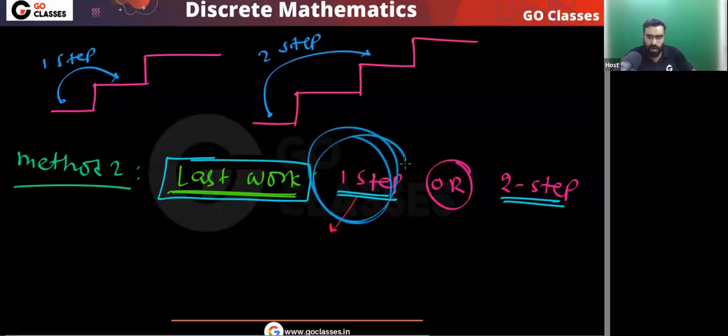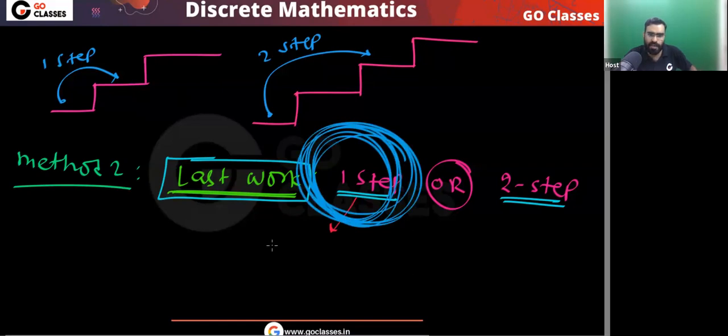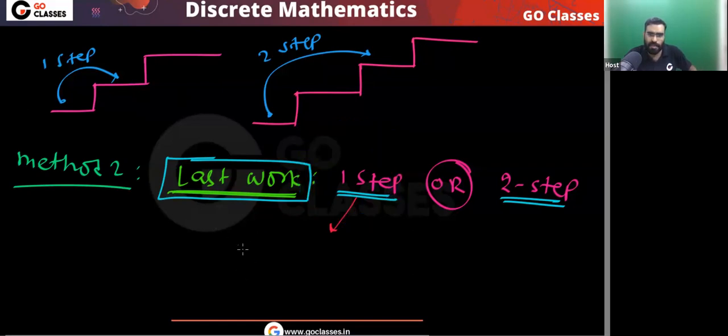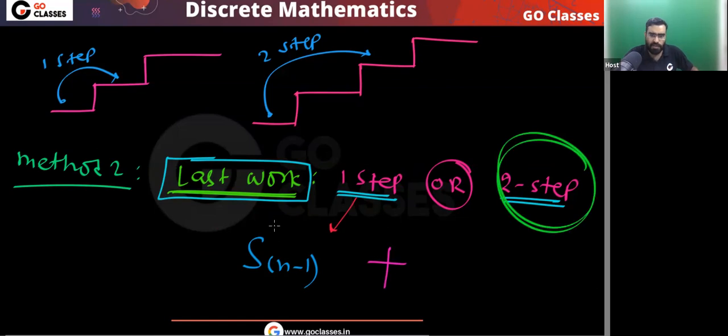If this is your last work, then it means you have already climbed n minus 1 stairs, and you just need to take 1 step. Or, if this is your last work of 2 steps, how many stairs have you already climbed?